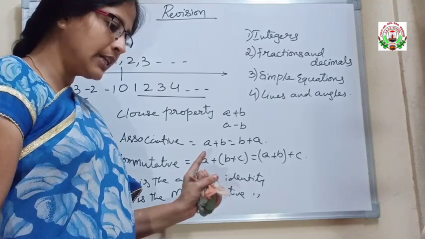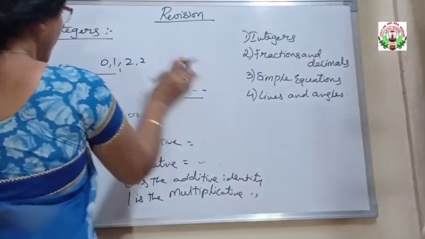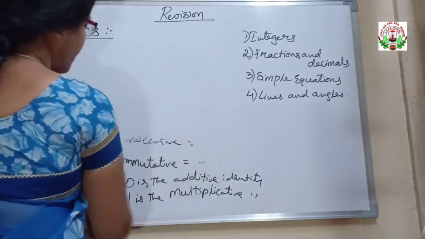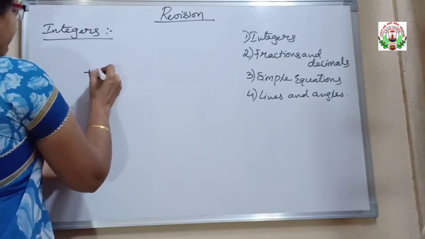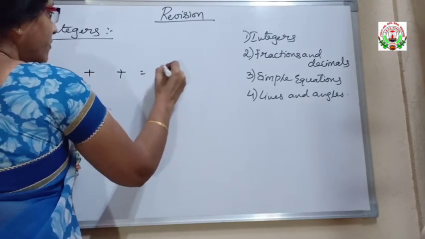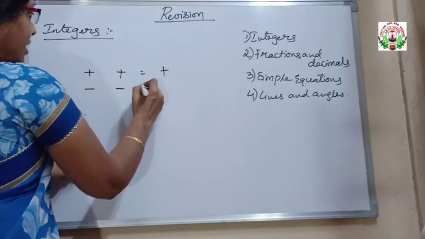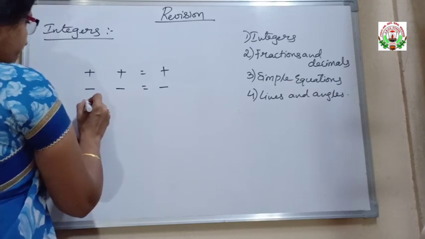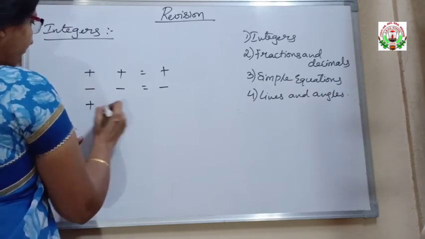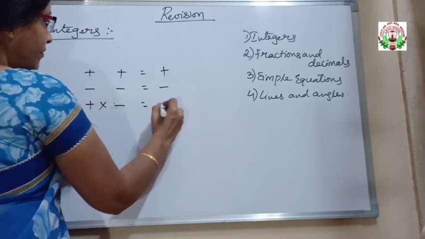Next in this chapter we have learnt that when we add two positive integers, we are going to get a positive integer. When we add two negative integers, we are going to get a negative integer. When we multiply one positive and one negative, we are going to get a negative integer.